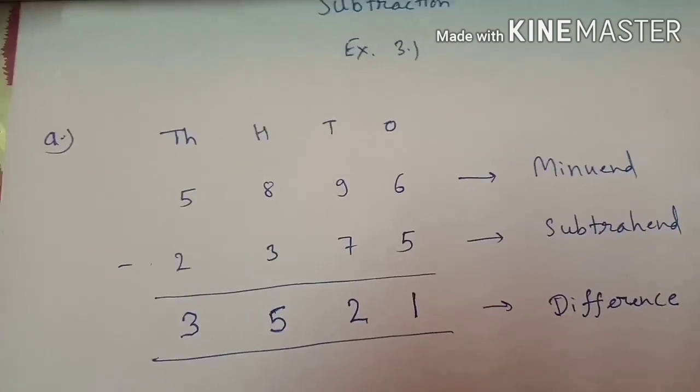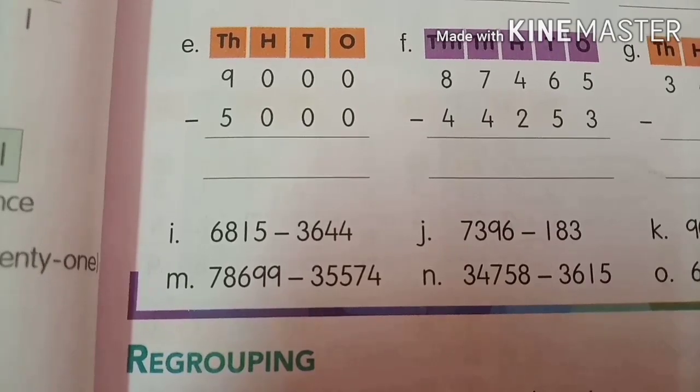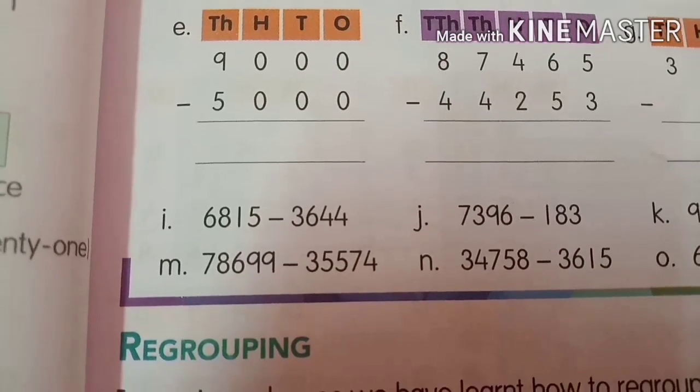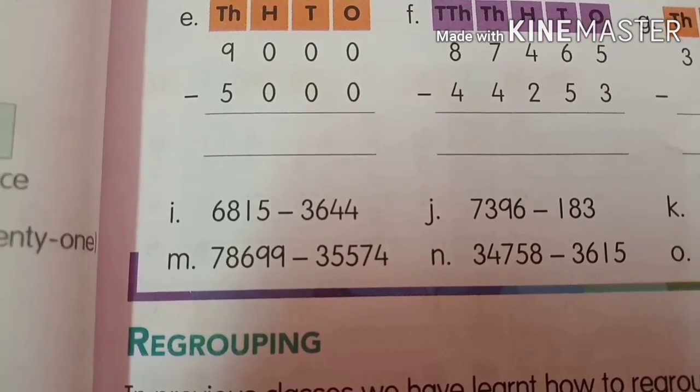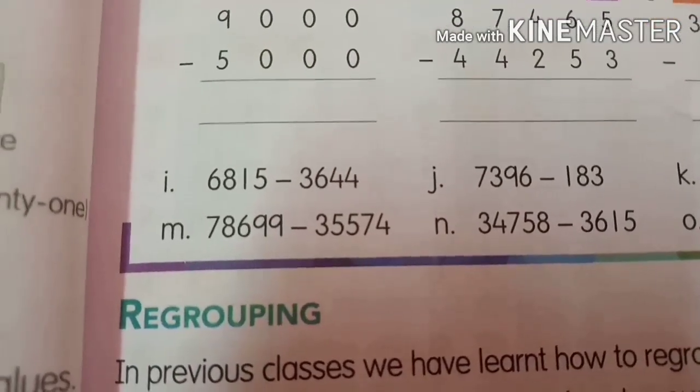Now we will take one more example. Now I am taking example number 1, 6815 minus 3644. In this question, this is in row form. So first of all, we have to arrange this question in vertical form.